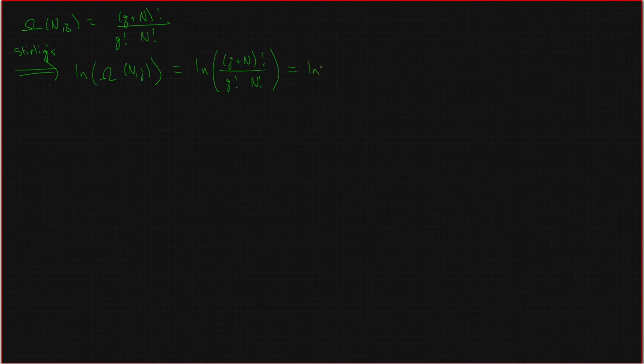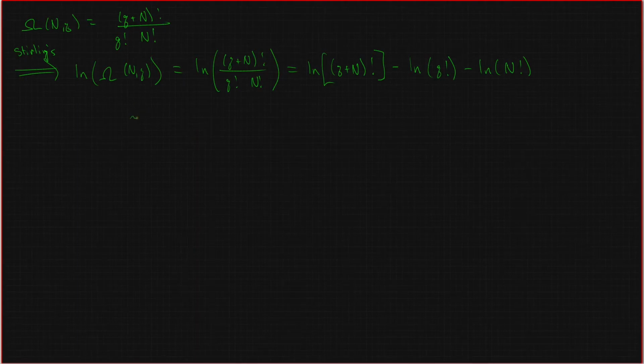So we can write it as ln of, let's use a bracket here, q plus n factorial, then minus, because these are in the denominator, ln of q factorial minus ln of n factorial. Okay, so far so good.